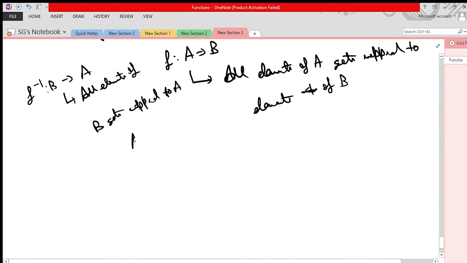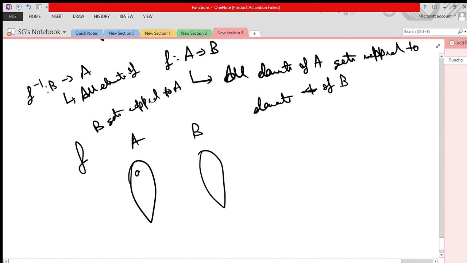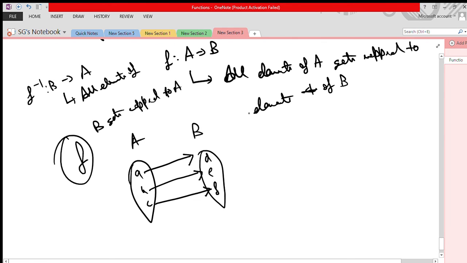So suppose this is the function f. Suppose here A, B, C, and there D, E, F, let's say. Since this is a 1-1 function, A will be mapped to D, B will be mapped to E, and C will be mapped to F. Since f also has the inverse function, what does that mean?